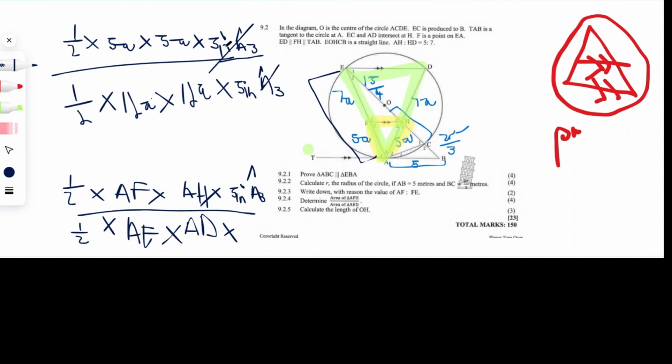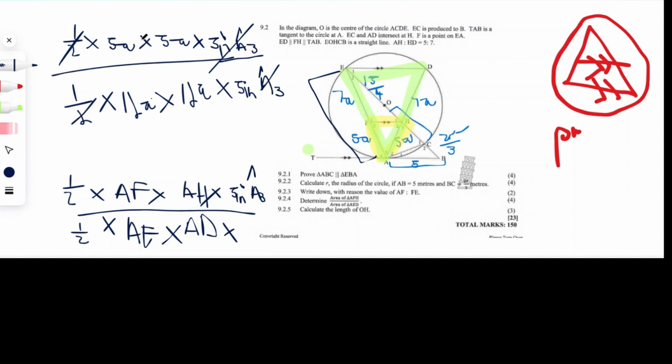By the way, guys, the sine A3s cancel out. This is something you can do if you just have multiplication signs between each and every variable in your expression. In your fraction, you can just cancel out the sine A3, and then the halves also cancel out because they're identical.